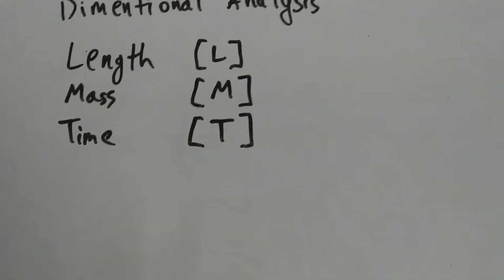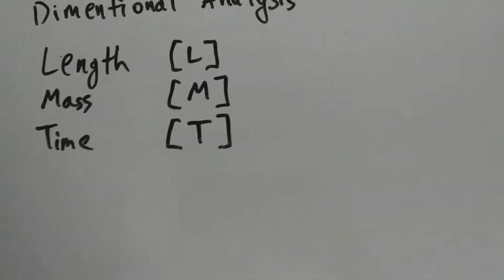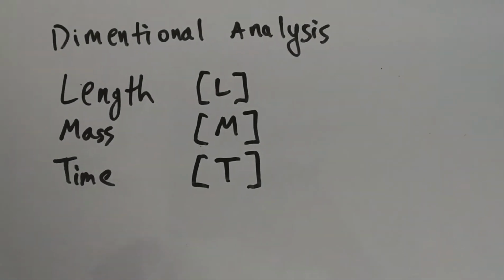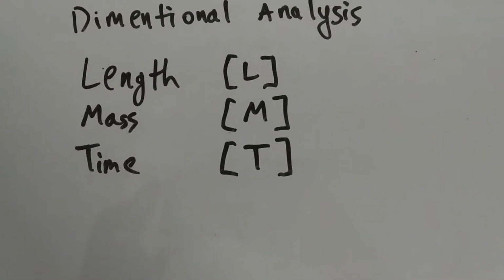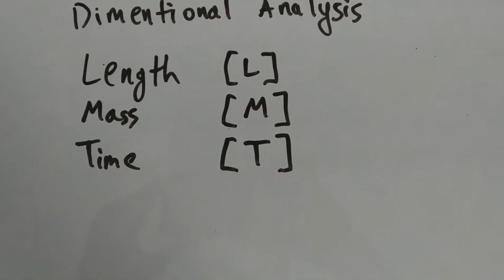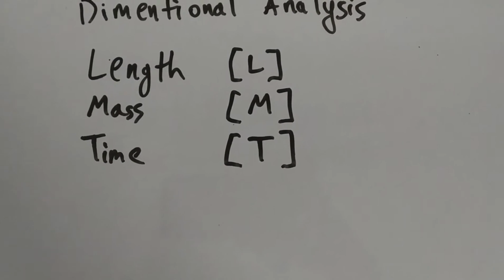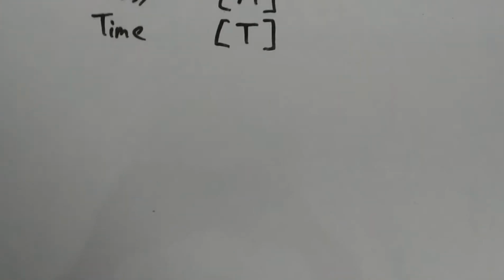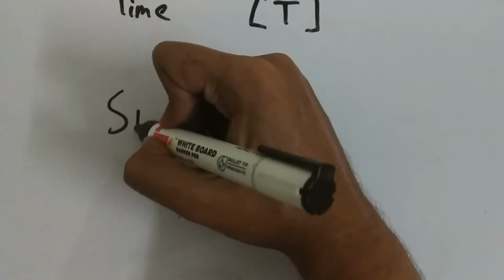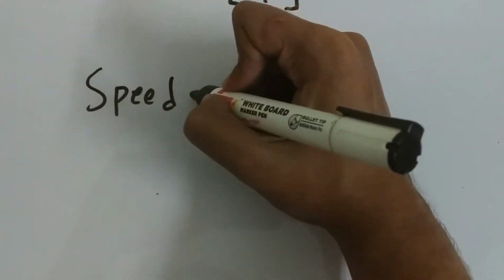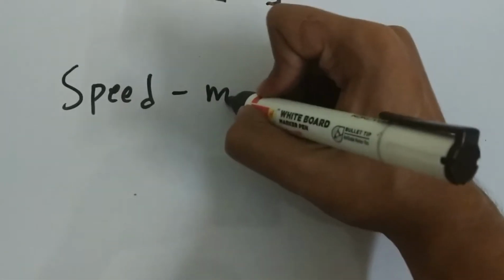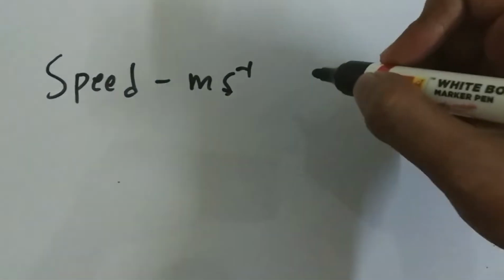What does this mean? Dimensional analysis just means if you have some quantity, what dimensions are going to be in it. For example, if you take speed, as you know, speed's unit is meter per second. But what are its dimensions?